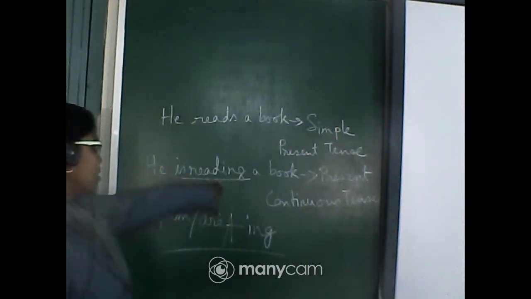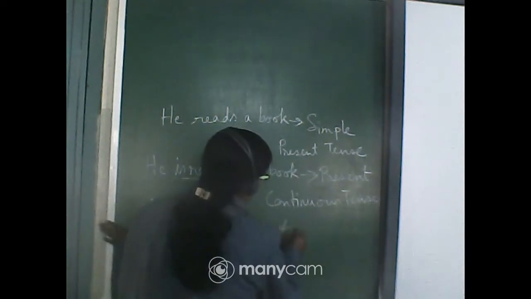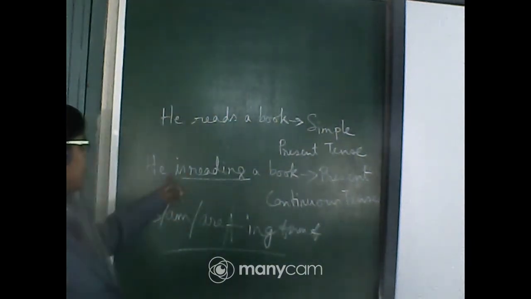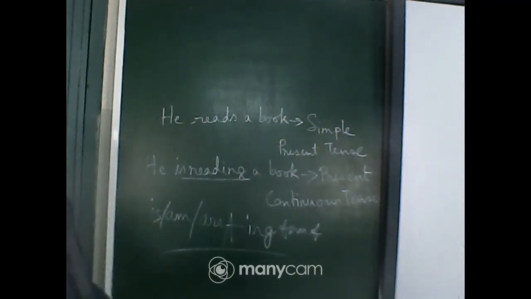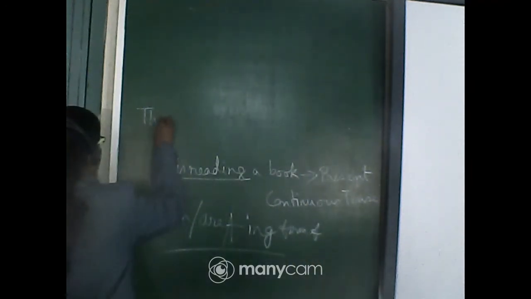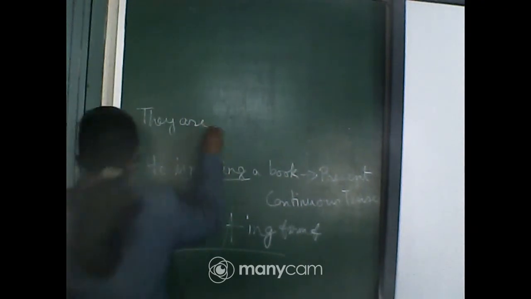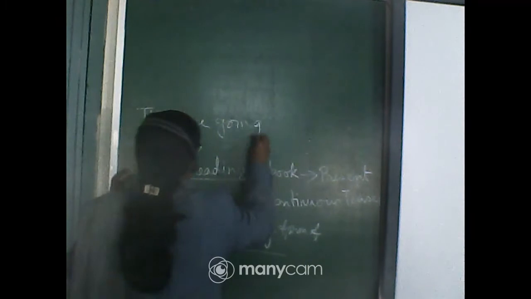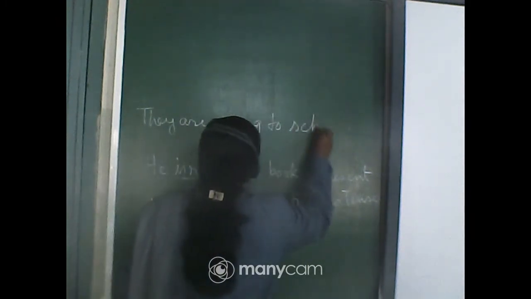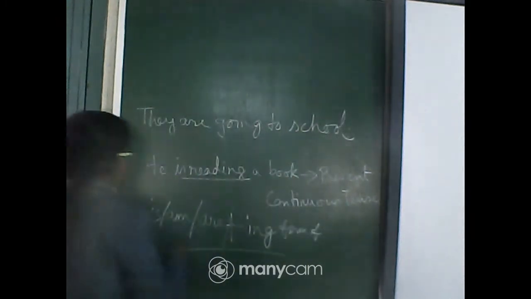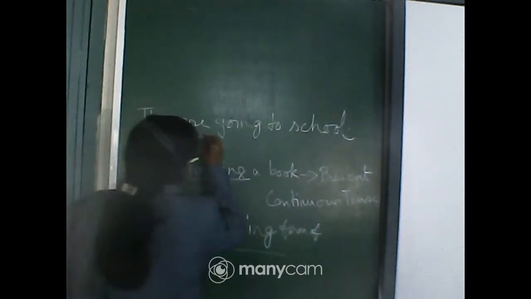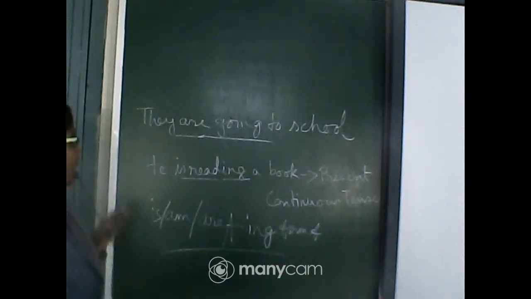Is plus ing form of verb. For example, he is reading. Okay, if I write they are going to school, look at this sentence, are plus ing form of verb, are going.